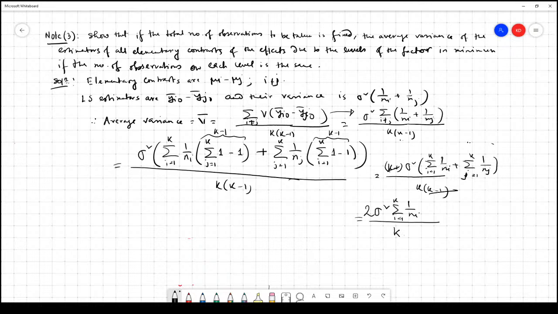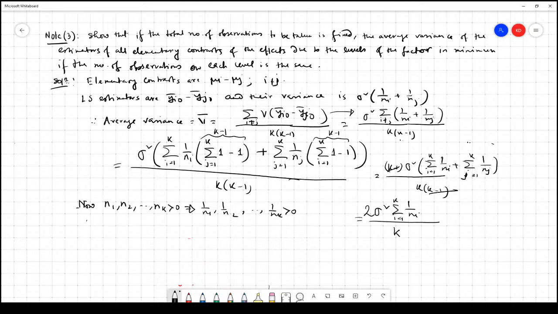So now since n1, n2, nk are replications, they should be greater than 0. So this implies 1 by n1, 1 by n2, 1 by nk are greater than 0.